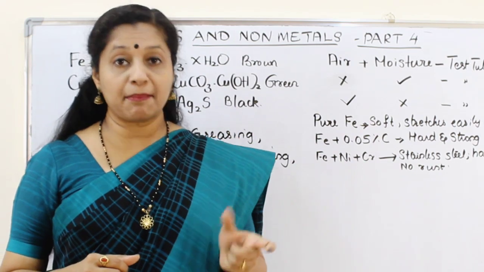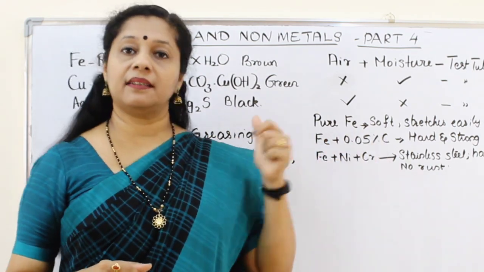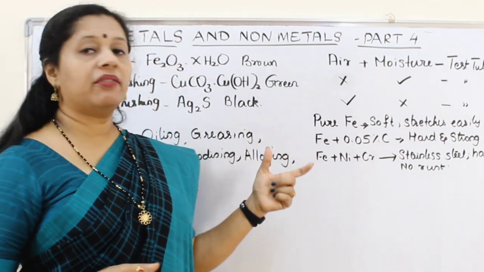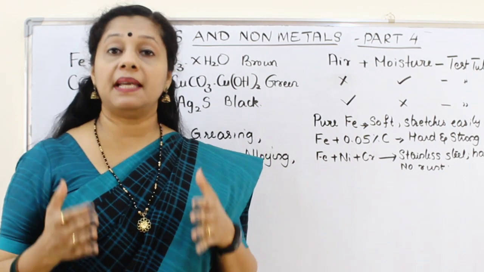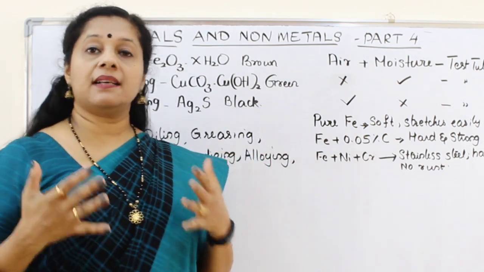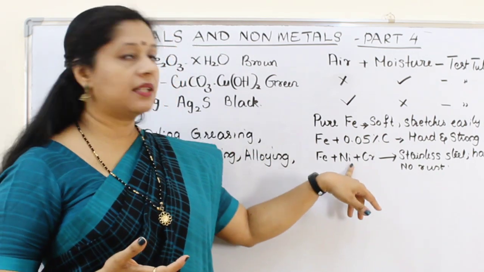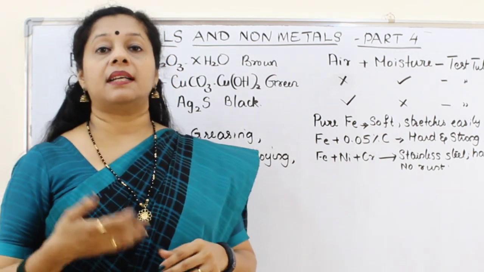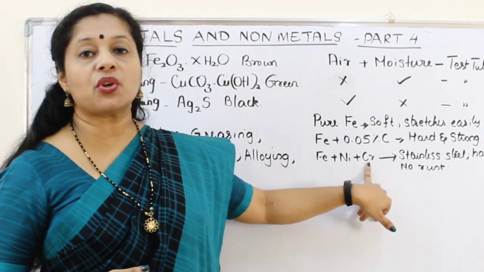But carbon, is it a metal? No, it's a non-metal. So in this case, we are mixing a metal with a non-metal. Now, another way of making iron more durable is making stainless steel. What is the advantage? It is hard because nickel present in it gives it hardness. It also prevents rusting because chromium is added.